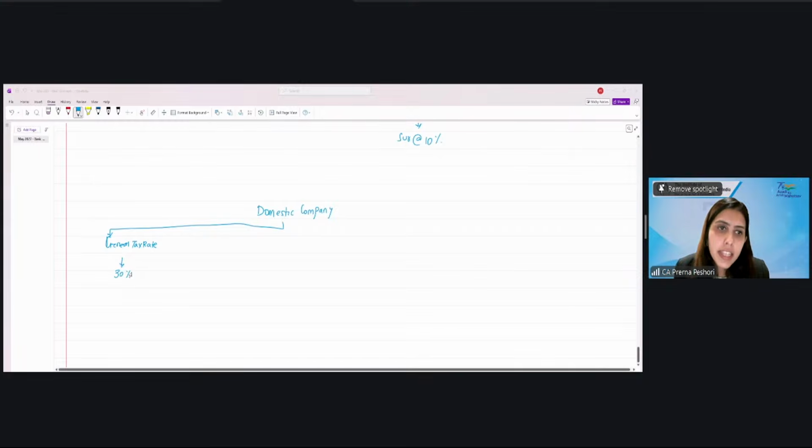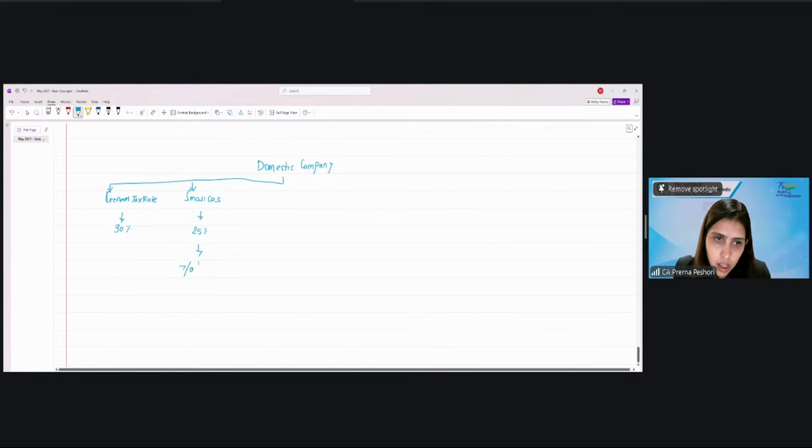Then for the smaller companies, the tax rate is 25%, but the turnover for the tax year 24-25 should be less than or equal to 400 crores.